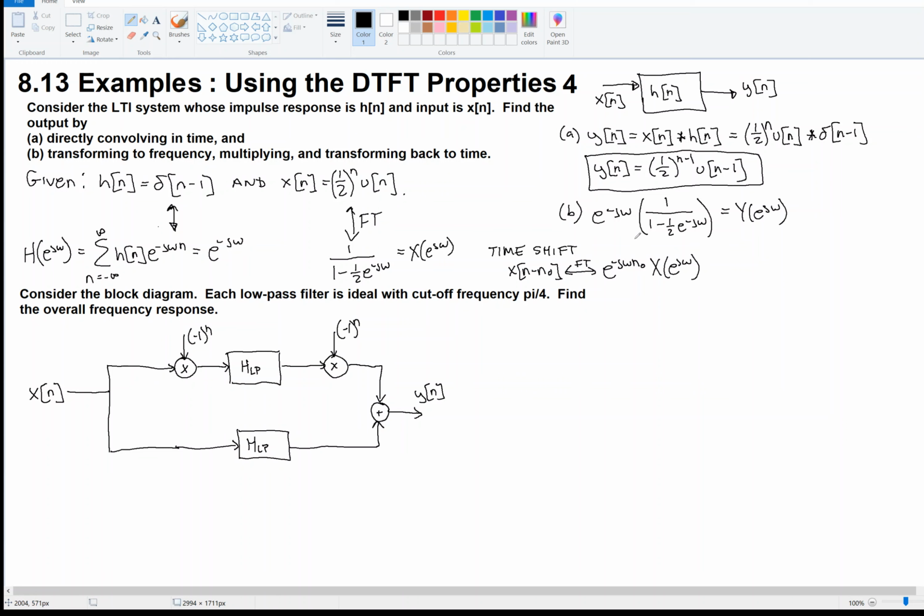If n0 is 1, then we know the signal whose transform is this. We know x, right? And so when we inverse transform this from the time shift property with n0 equal to 1, we get back 1/2 to the n, shifted by 1, u of n minus 1.